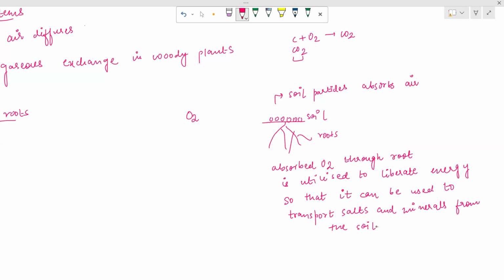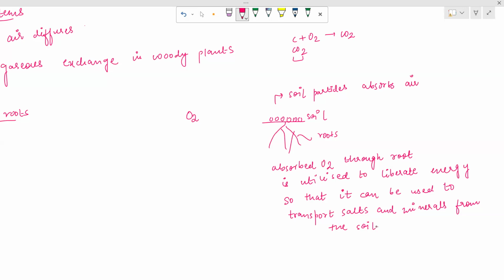Because for the respiration, you need oxygen and carbon dioxide also. So during the daytime, the carbon dioxide level is low because plants are giving off more oxygen. But during the night, there is no sunlight, so plants won't be able to make their food.